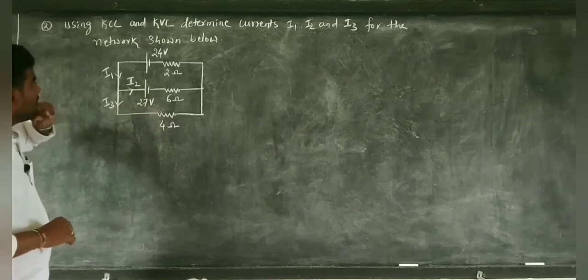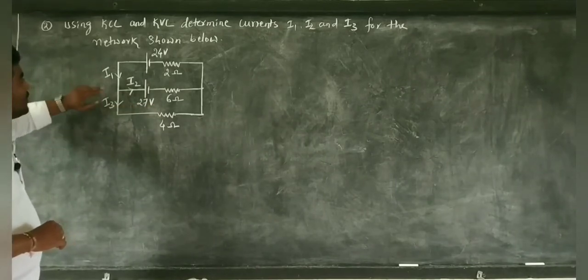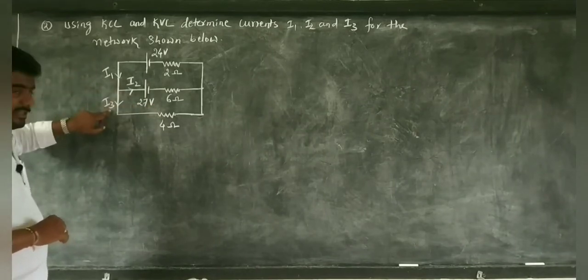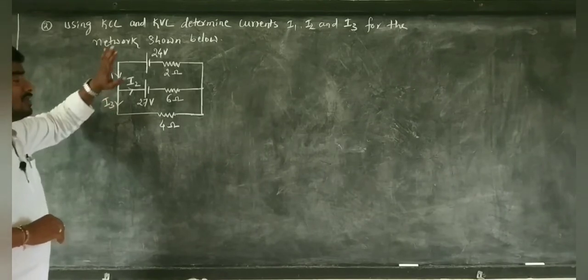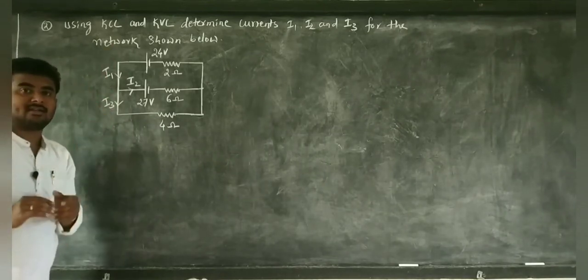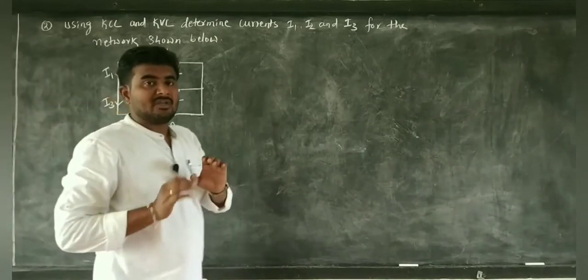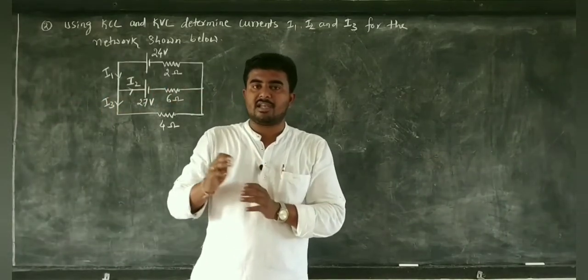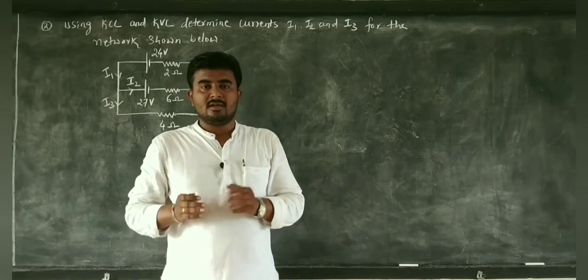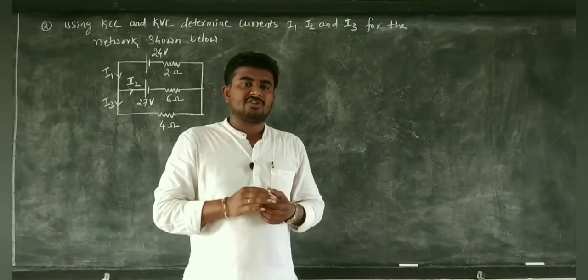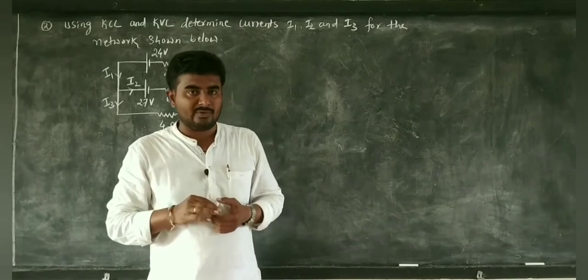Therefore, in order to find currents I1, I2 and I3, we are supposed to use Kirchhoff's voltage law and Kirchhoff's current law. As we know, KCL tells us that current entering the junction must be equal to current leaving the junction.